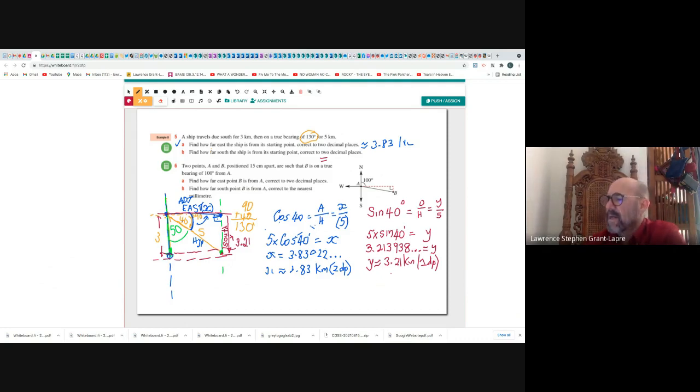So our answer was we are approximately 0.21 kilometers south of our starting point. Not below our starting point, but south, which means on a level south. So it's right over here. It's east 3.83 and it's south by 0.21 kilometers.